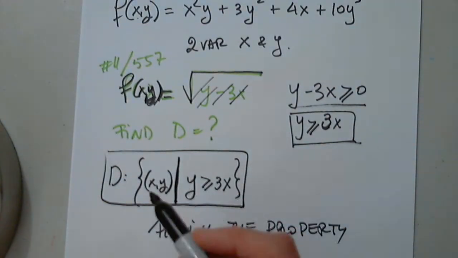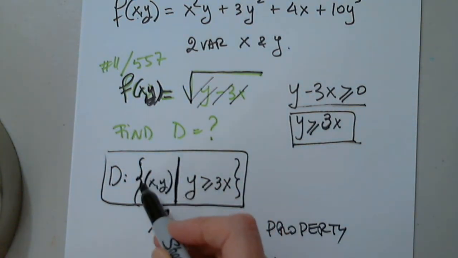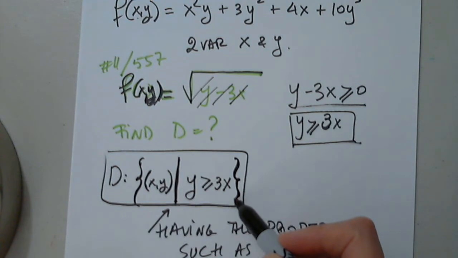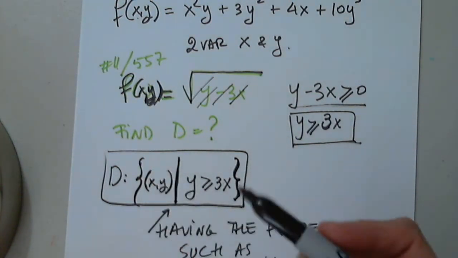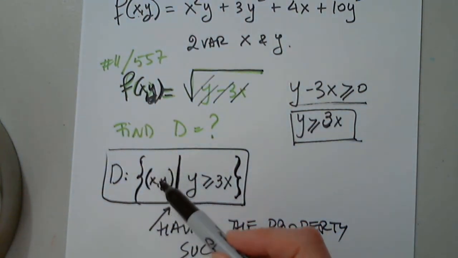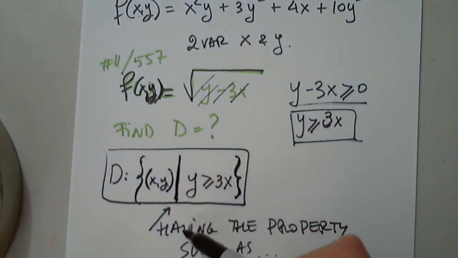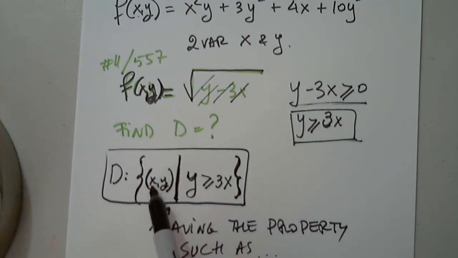All I have to do is now present the domain of such a function of two variables with braces, not intervals. Braces. There are ways in which we can provide it, depending on the function though. So it's the ordered pair, x comma y, such that, or such as, or having the property. What property? That any y coordinate has to be a number greater than or equal to 3 times the x coordinate. That's what this says. Otherwise, the function does not exist.